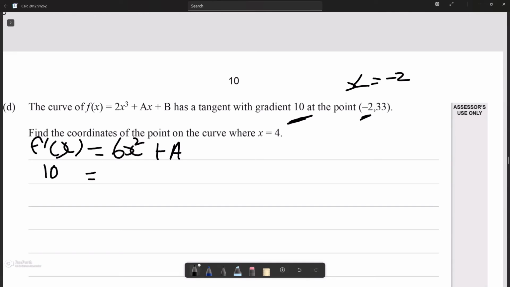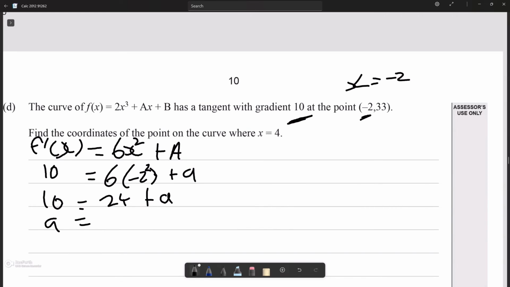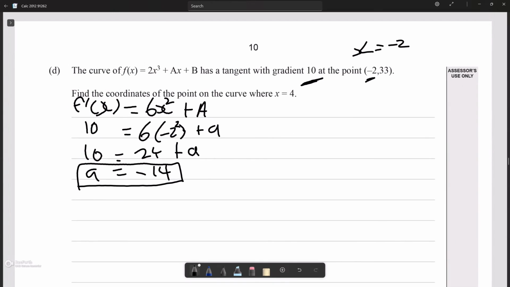So 10 is equal to, at x equals -2, 6 times bracket -2 squared plus a. So 10 is equal to 24 plus a. So a should be equal to minus 14.